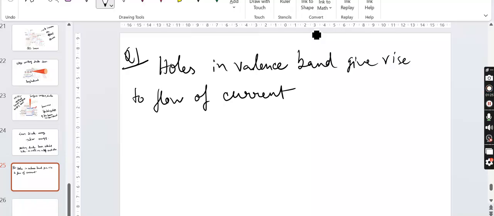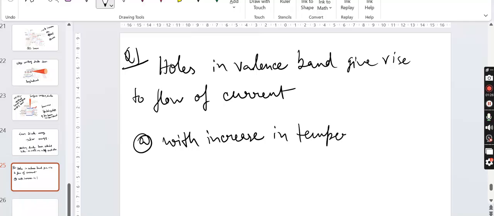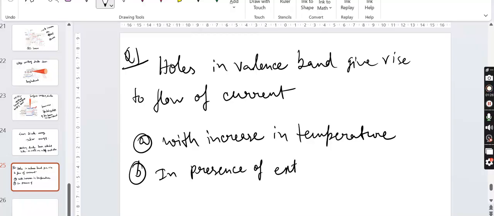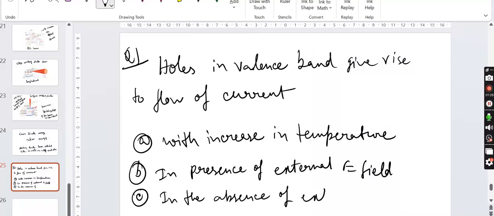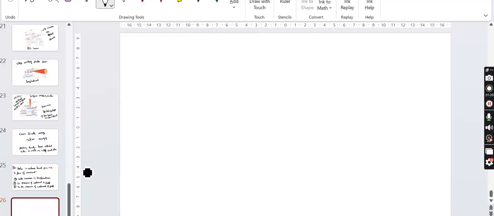A, with increase in temperature; B, in the presence of external electric field; C, in the absence of external electric field; D, is wide open.